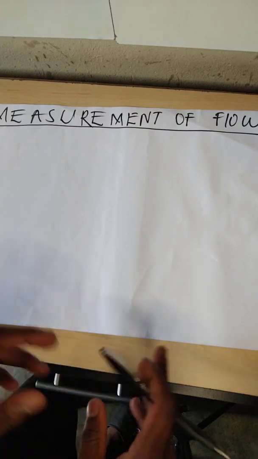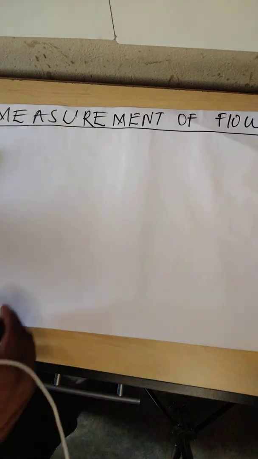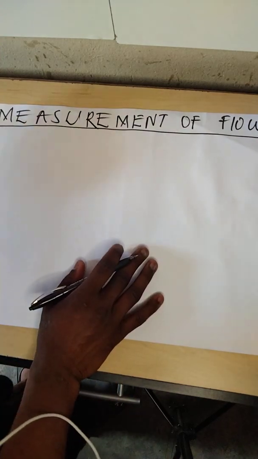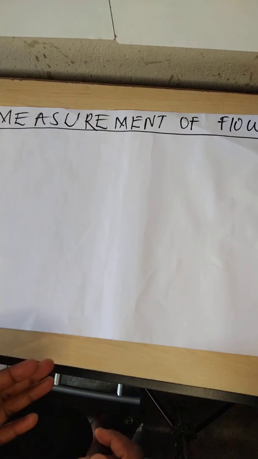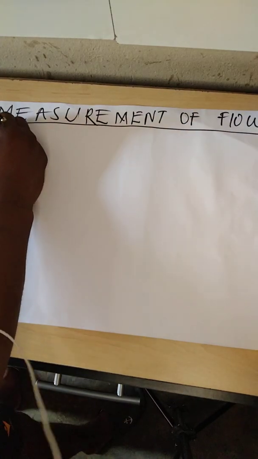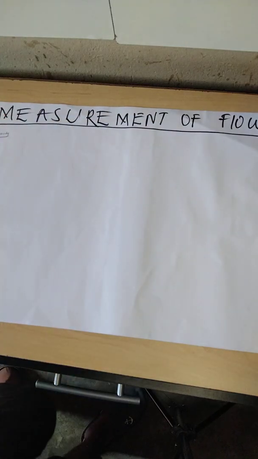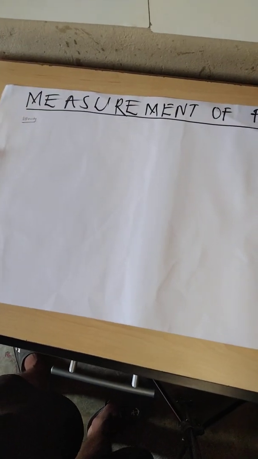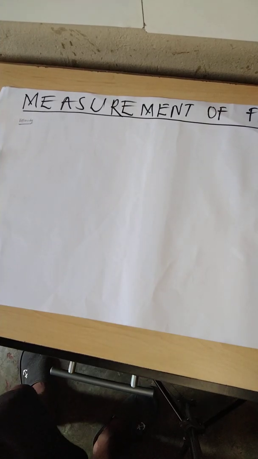Measurement of the flow means that we are looking at the velocity most often. The most important thing that we'll be looking at is the velocity of the flow.